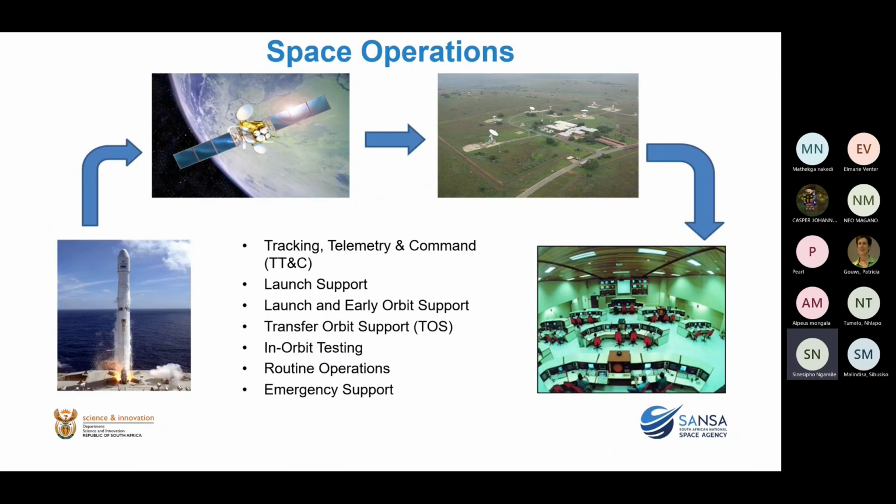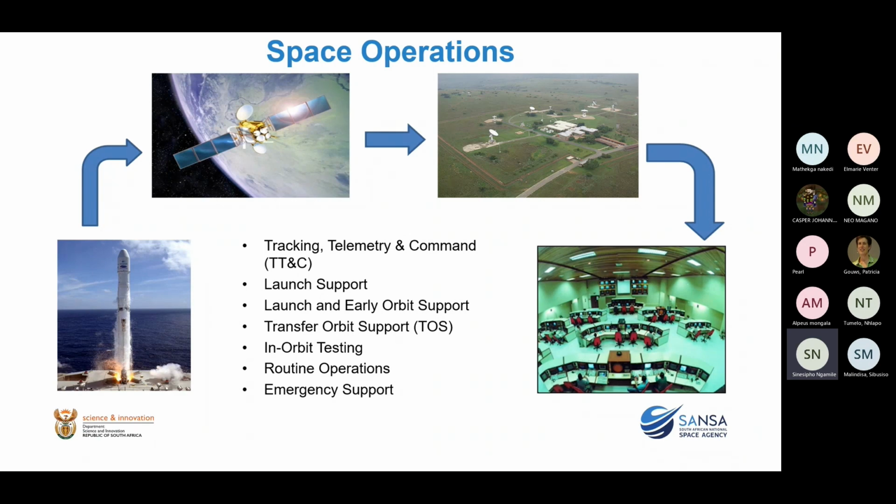And so this is the space operations system. Basically, like I said, the satellite goes to outer space using a rocket, and then when it gets to outer space, it orbits around the Earth. That information is recorded by a satellite dish or antenna. And then we have people in our operations room that are tracking that satellite, people that are downloading data from that satellite, people that are monitoring that satellite's movement.